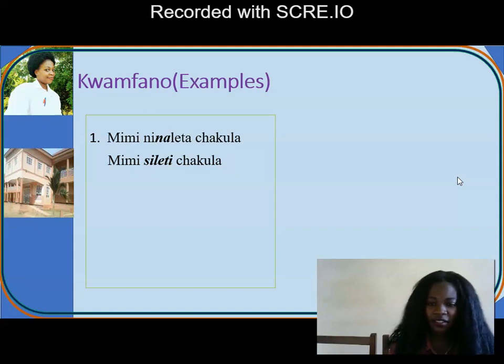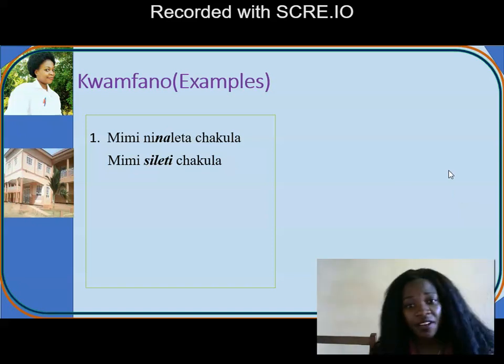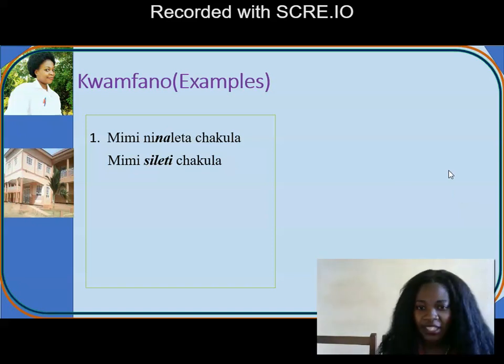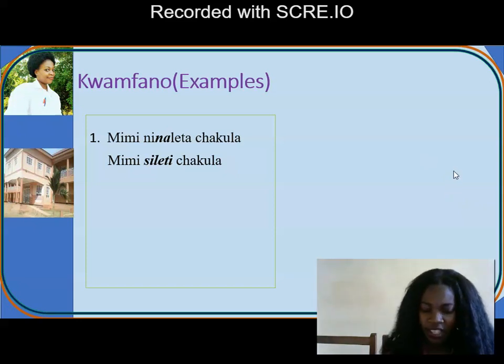we can see that as we have earlier, mimi goes with ni, in the negative mimi goes with si. Then here we have mimi sileti chakula. Because I've told you that when you find a verb ending with letter A, it has to change to I, so that it can retain its negativity.